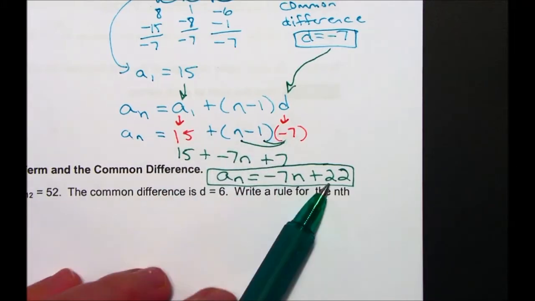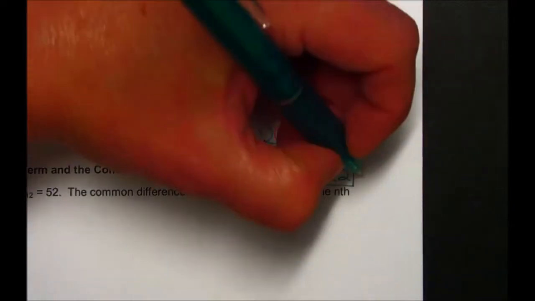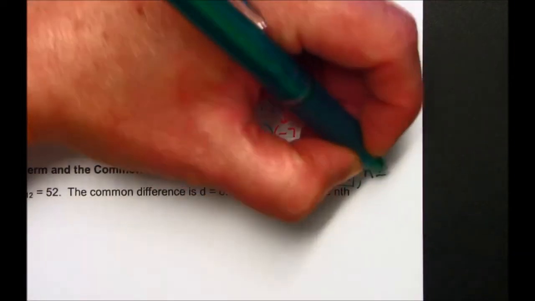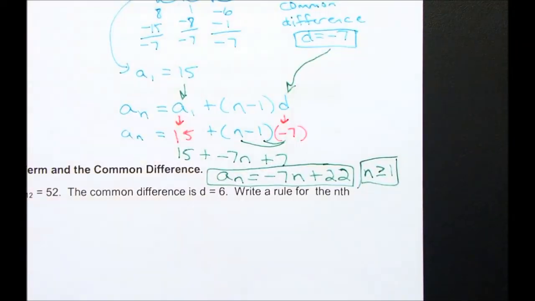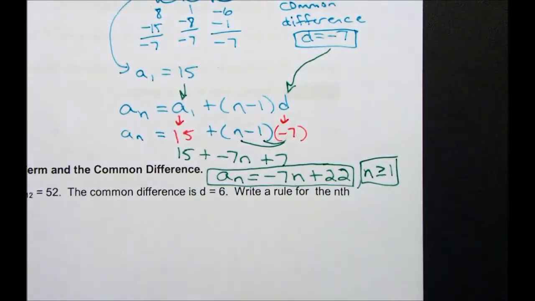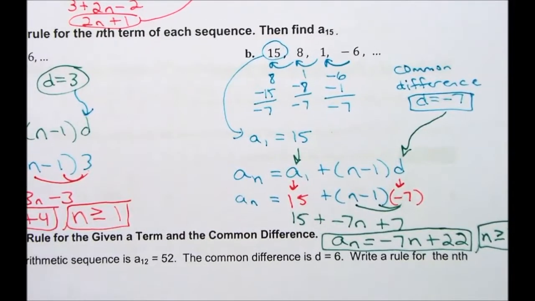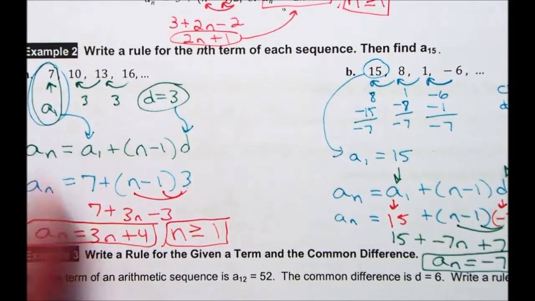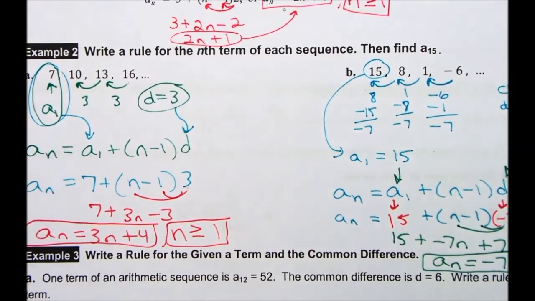The 15 plus the 7 gives you 22. And again, it's only for n's that are greater than or equal to 1. So you do have to state that condition, that the number n, whatever your input is, has to be greater than or equal to 1. All right, so that's how you would write an arithmetic sequence given the first few numbers in the set.